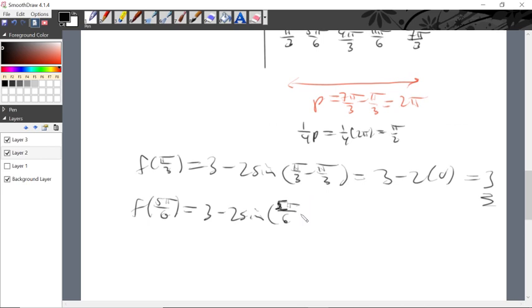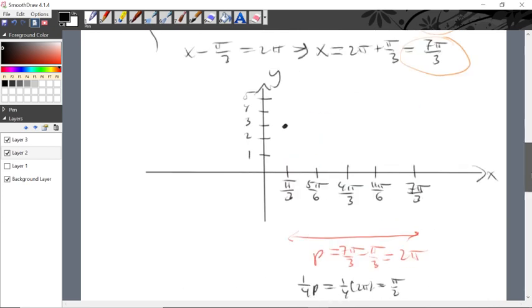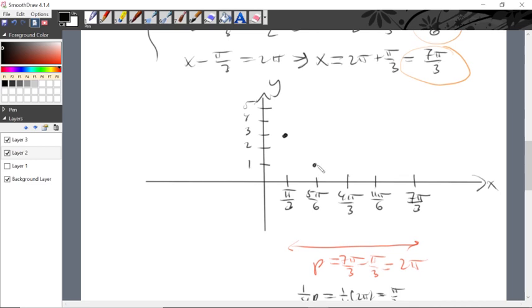So we have 3 minus 2 times the sine of 5 pi over 6 minus pi over 3. Common denominator gives us 2 pi over 6. So 5 pi over 6 minus 2 pi over 6 is 3 pi over 6, and 3 pi over 6 reduces to pi over 2. The sine of pi over 2 is 1, and 3 minus 2 is equal to 1. So the y-coordinate for 5 pi over 6 is equal to 1.